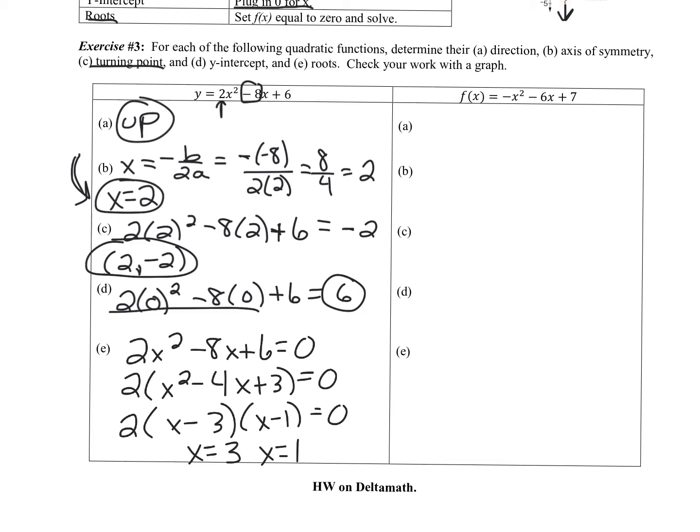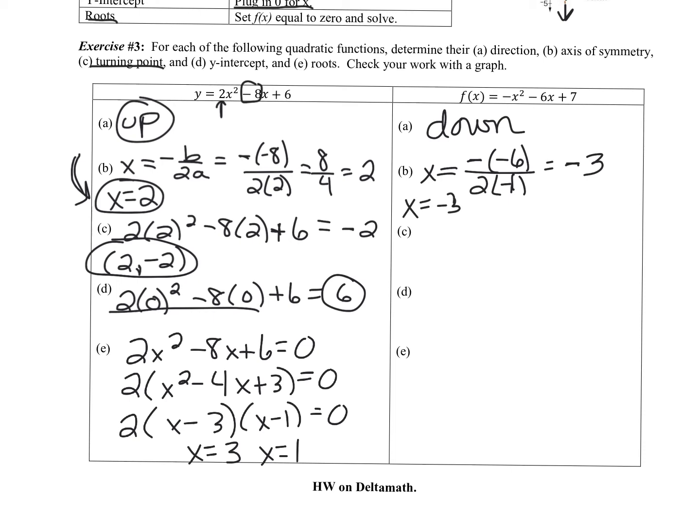So looking at the next one, this one opens down because it's negative x squared. The axis of symmetry, the line that cuts it in half, is negative b, so negative 6 over 2 times negative 1. So this one is actually going to be positive 6 over negative 2, so that's negative 3. So x equals negative 3.